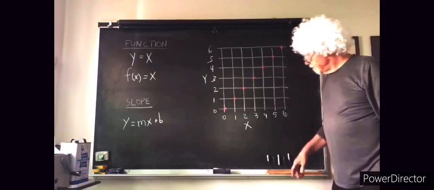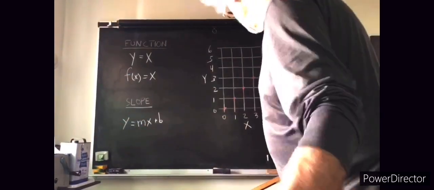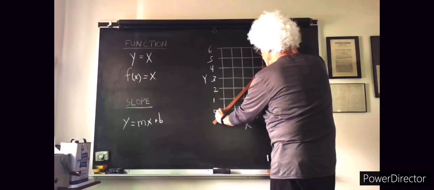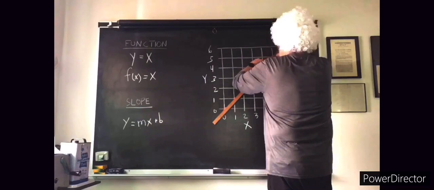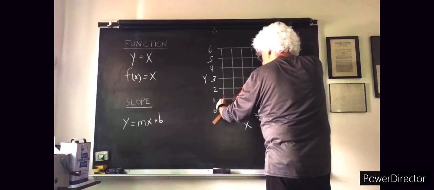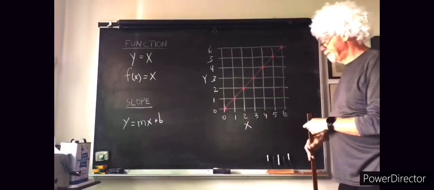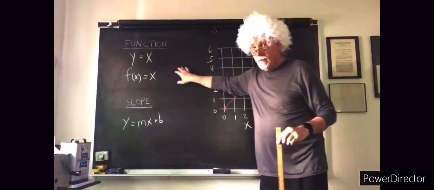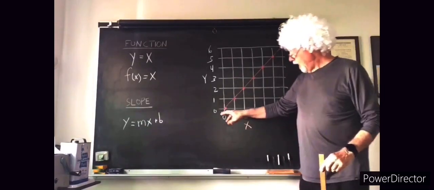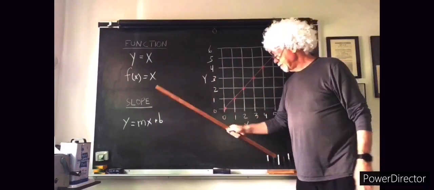Okay, so now I'm going to use my meter stick here, plot this, just connect them. Okay. So the plot of this function, when x is equal 0 to 6, y is also then equal 0 to 6, and that's the plot of this function.